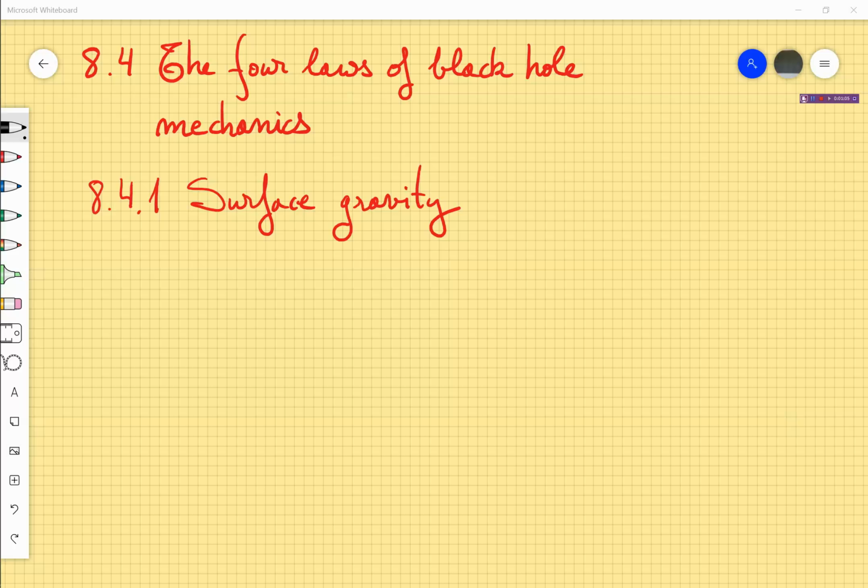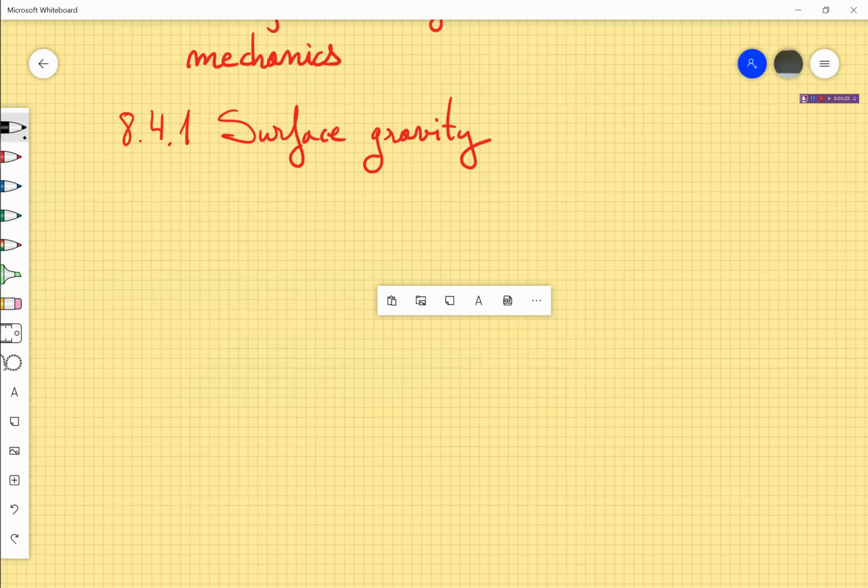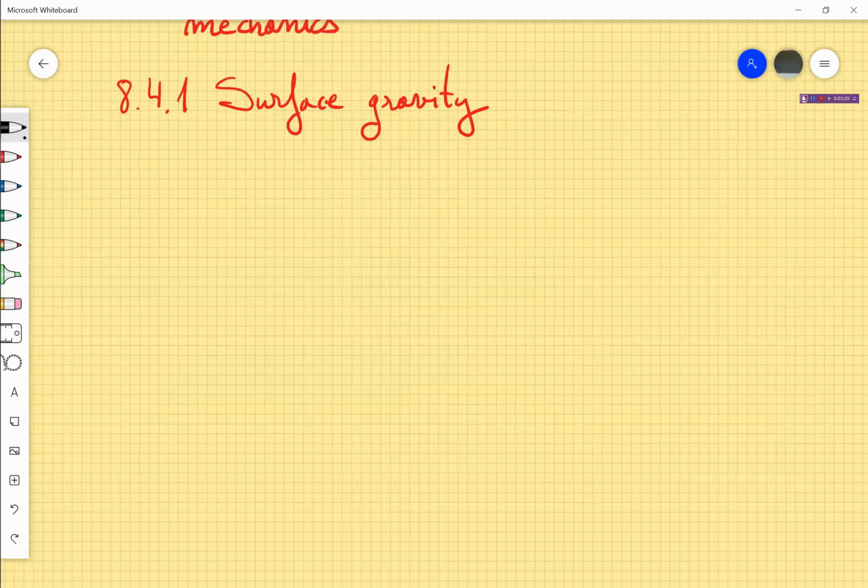The first quantity that we are going to study, and which will be the analog of the temperature, is called surface gravity. Okay, we have almost seen it before. In fact, we have dealt with it without calling it by that name. And we are going to introduce it for the particular case of static spherically symmetric black holes.